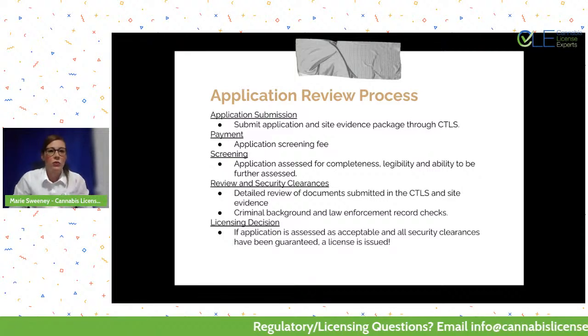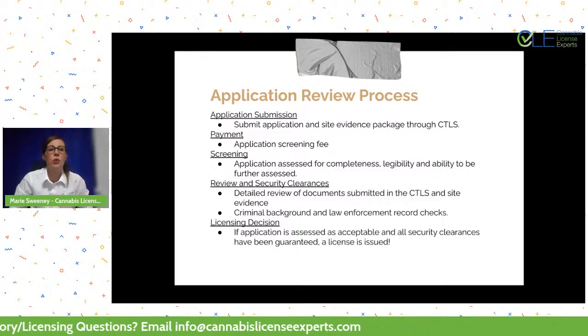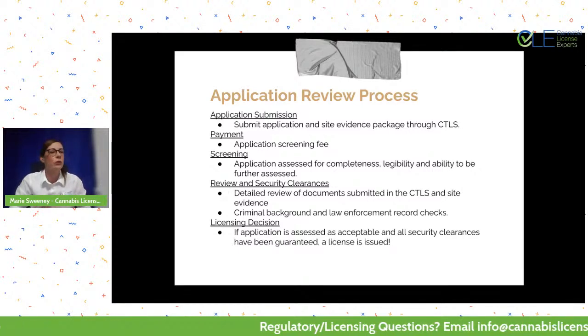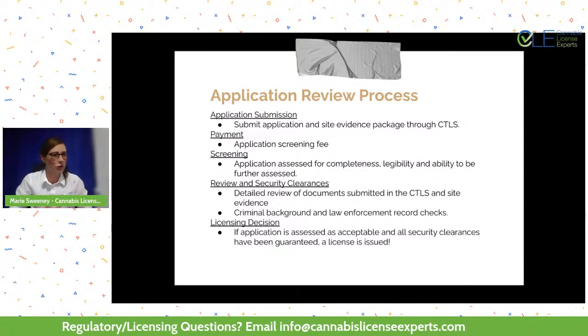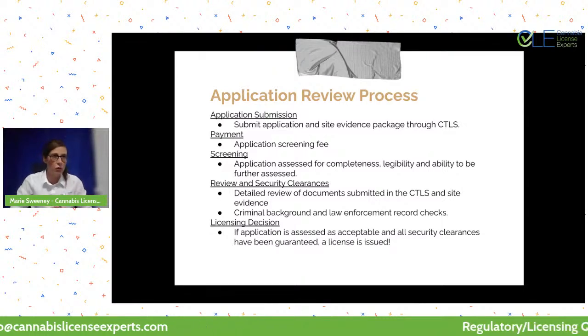Just so everyone knows, if you're applying for a microcultivation or a microprocessing license, you're looking at $2,500 for your application screening fee, as well as your annual regulatory fee. That's an annual fee that you will be paying. If you are applying for both, it's $5,000. If you're applying at a standard level, it's $23,000 for each, or $46,000 for the one.